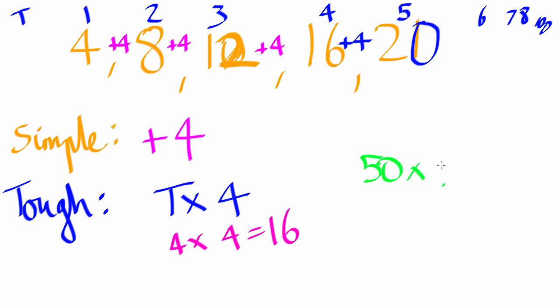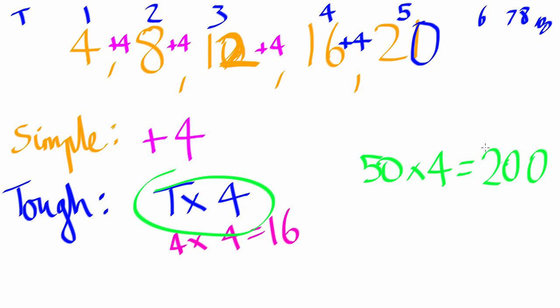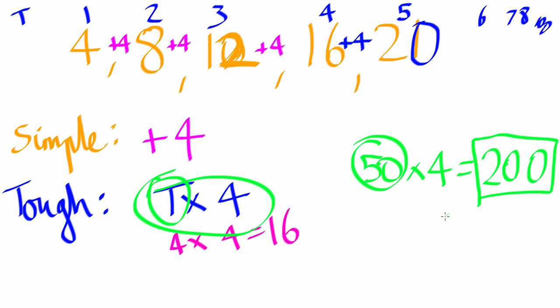And whatever term it is, you times it by 4, just like this rule here. And that number in the pattern would be 200. So you wouldn't need to add 4, add 4, add 4 to keep working out the pattern. You just need to know whatever the term was that you're looking for. You use the rule, you plug it in, and then you get an answer. And you too have 1,000 brain cells, times 1,000,000, like me.